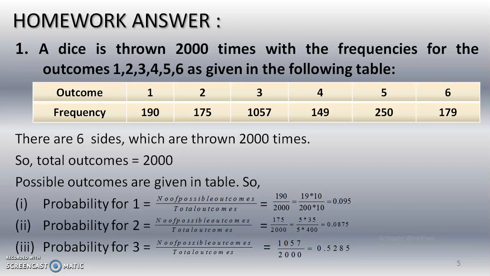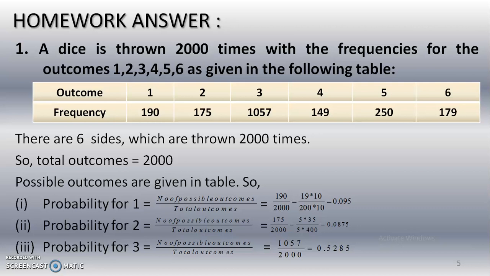So I have written the probability directly. Probability for 1 equals the number of possible outcomes divided by total outcomes, equals 190 divided by 2000. 19 tens are 190 and 200 tens are 2000. So 10 cut, and 19 divided by 200 equals 0.095.